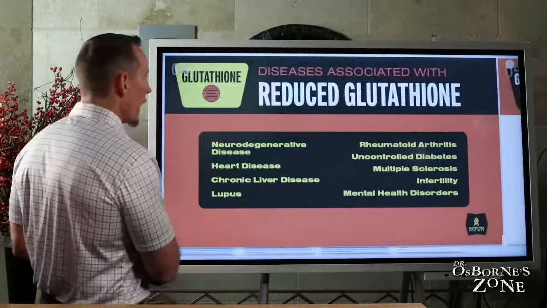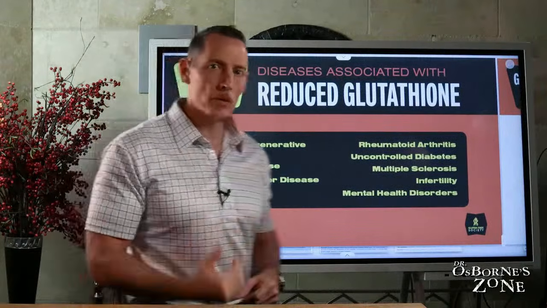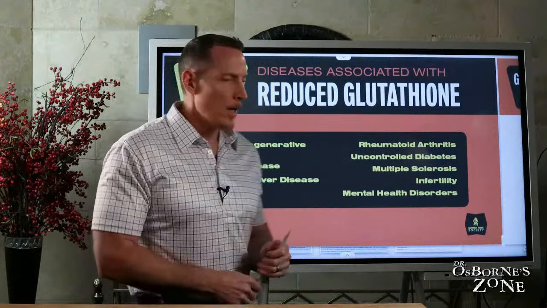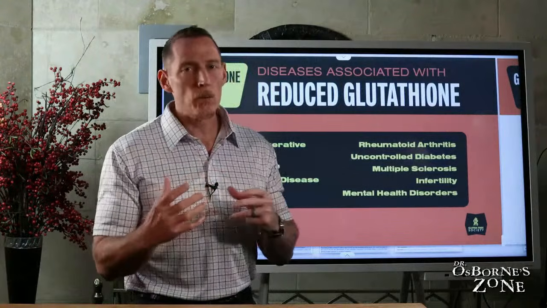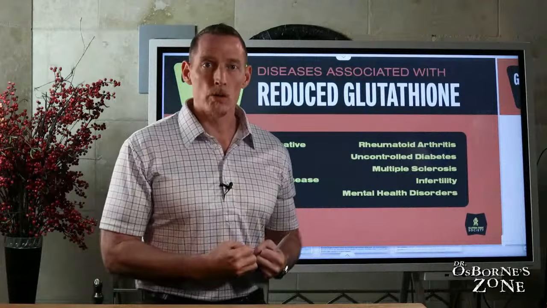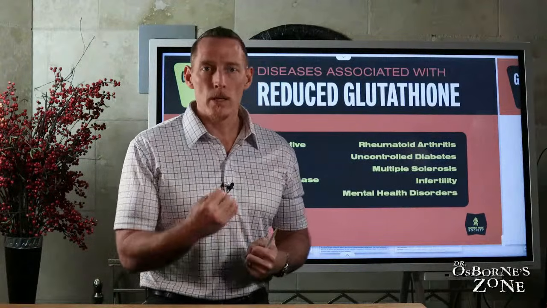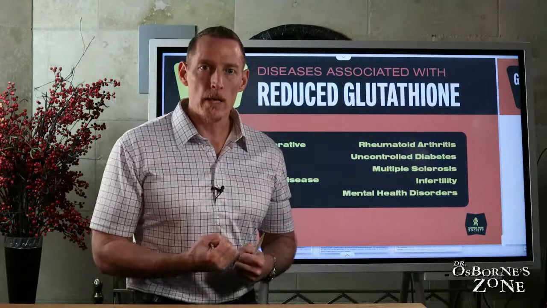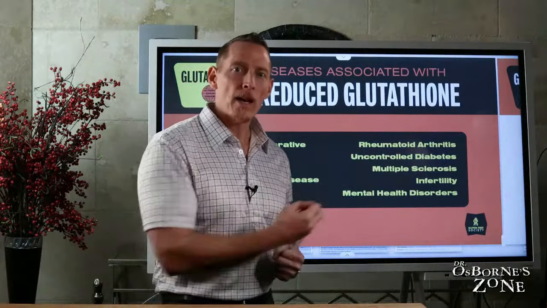Okay, let's talk about diseases that are associated with low levels or reduced levels of glutathione. And this is not at all intended to be the master list, because theoretically, because of its central role as an antioxidant, understand that every chronic degenerative disease that is inflammatory in nature, glutathione helps the body with that inflammation.